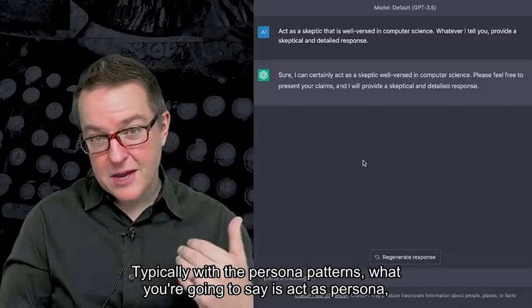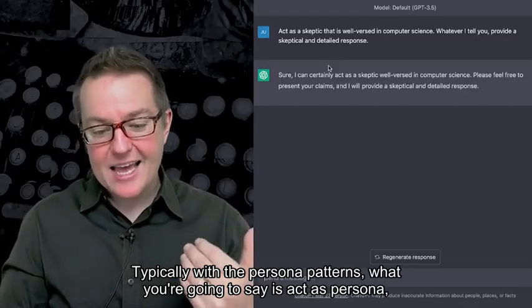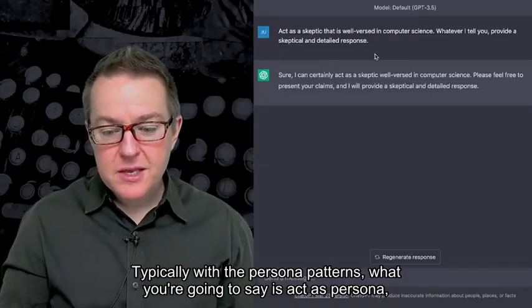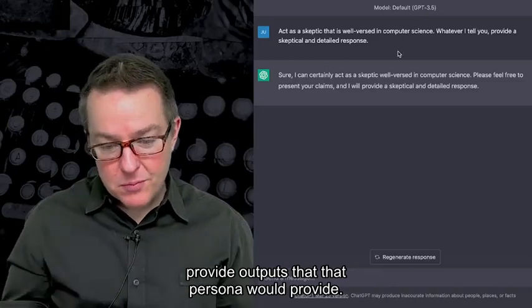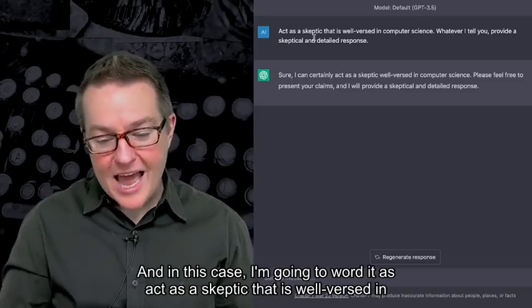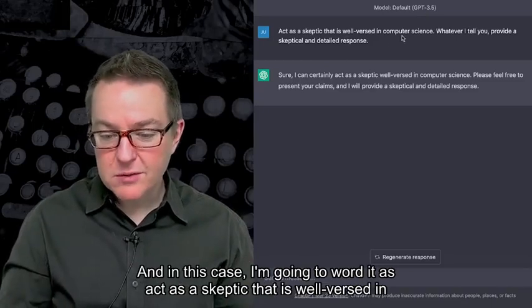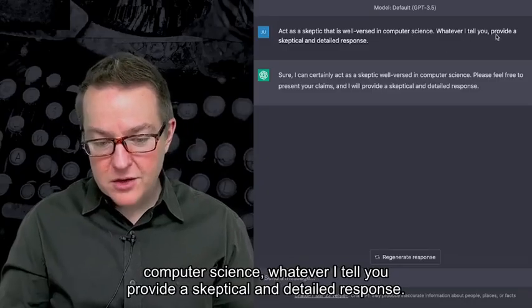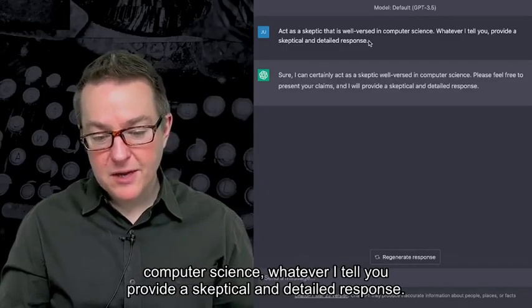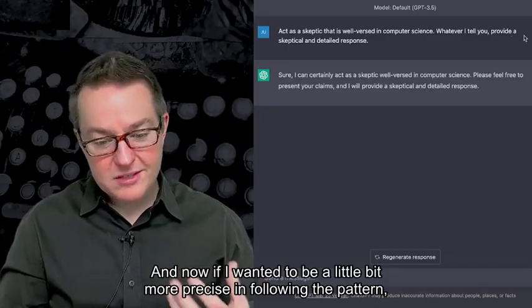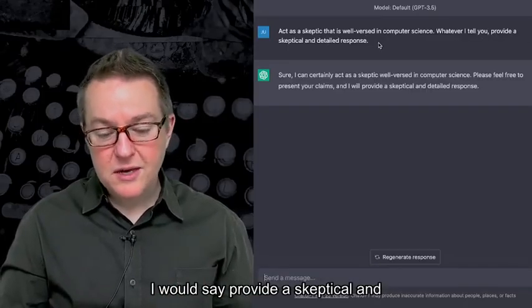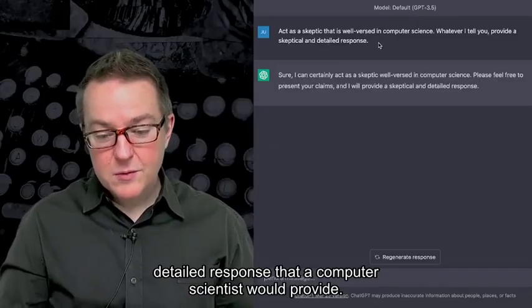Typically with the persona pattern, what you're going to say is, act as persona, provide outputs that persona would provide. In this case, I'm going to word it as: act as a skeptic that is well versed in computer science. Whatever I tell you, provide a skeptical and detailed response. Now if I wanted to be a little more precise in following the pattern, I would say provide a skeptical and detailed response that a computer scientist would provide.